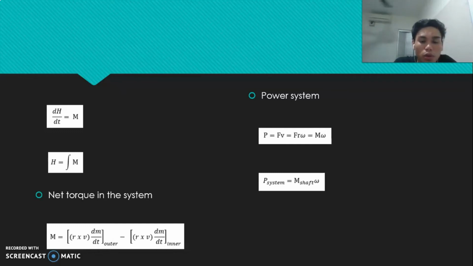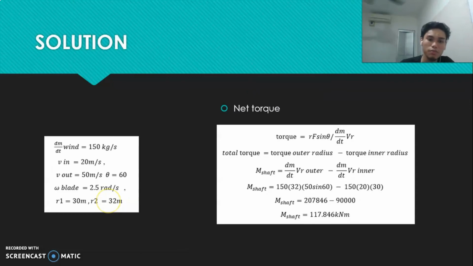For the power in the system, power is the force exerted times the velocity. For the power in angular motion, the power is equal to the torque times the angular velocity. So the power in the system is equal to the torque of the system times the angular velocity.